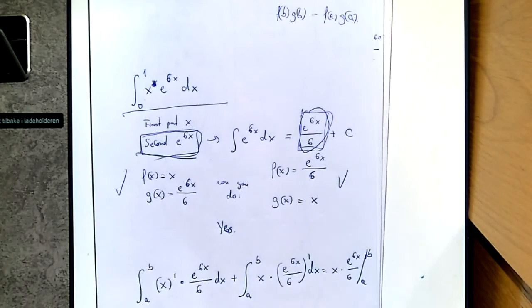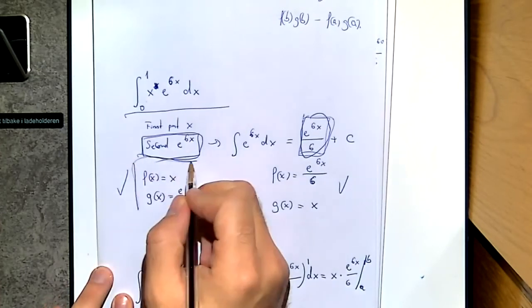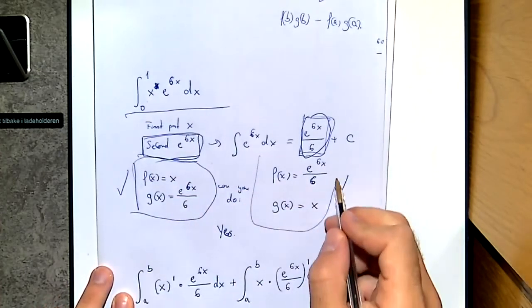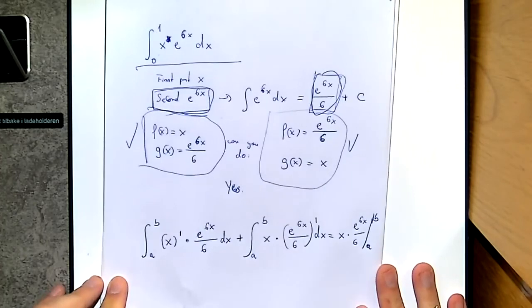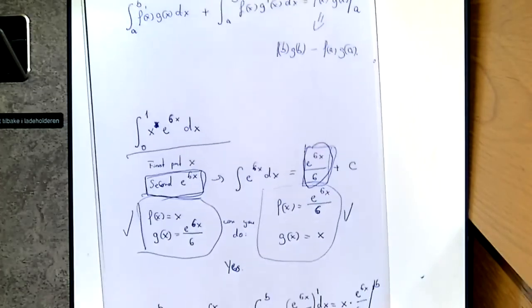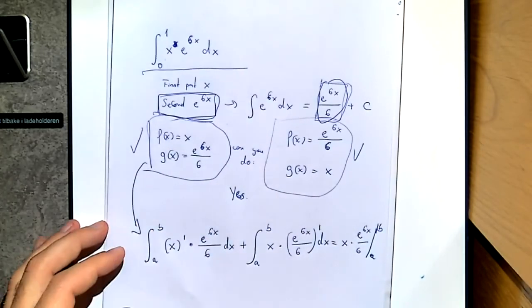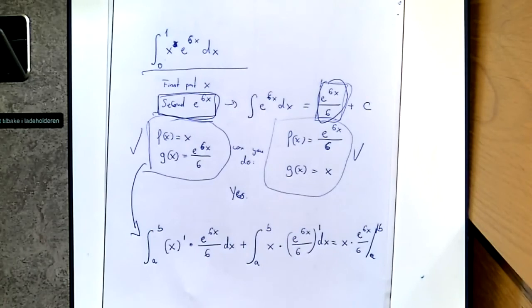After this, I just replace inside my formula. After I've gotten my f and g, whichever you choose, I just replace in the formula above. I chose this one, so this is my replacement. Replaced in.